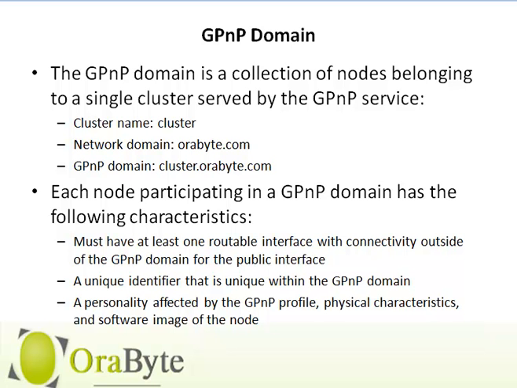Each node participating in a GPnP domain has the following behavior: it must have at least one routable interface with connectivity outside of the GPnP domain for public interfaces, a unique identifier that is unique within the GPnP domain, and a personality affected by the GPnP profile, physical characteristics, and software image on the node.